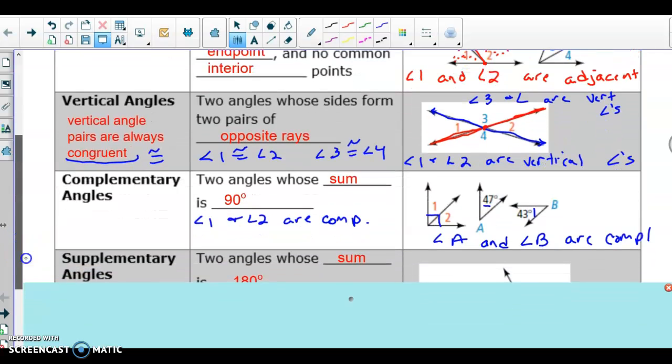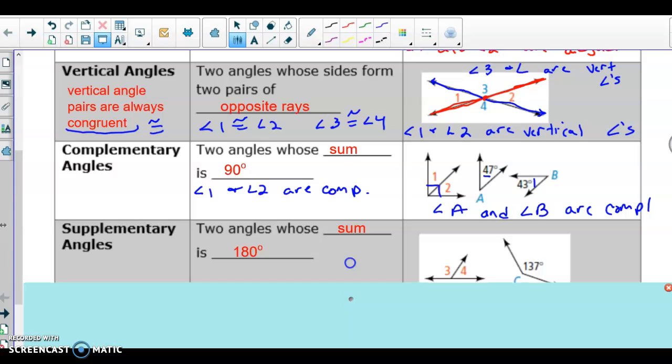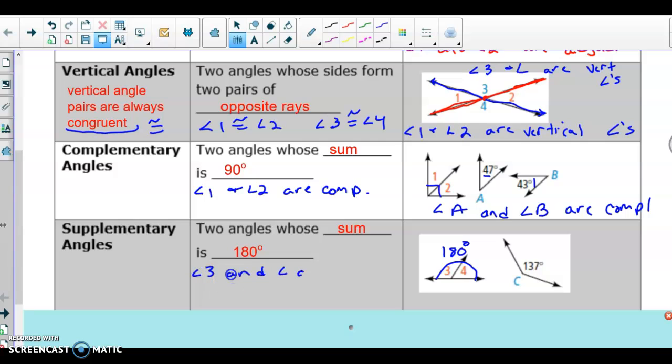Supplementary. Supplementary angles are angles whose sum is 180 degrees. So in this picture, you'll notice that angle 3 and angle 4, they are adjacent angles. They're right next to each other, but together they form a straight angle. And the measure of a straight angle, this whole amount here, would be 180 degrees. So I know that angle 3 and angle 4 are supplementary.